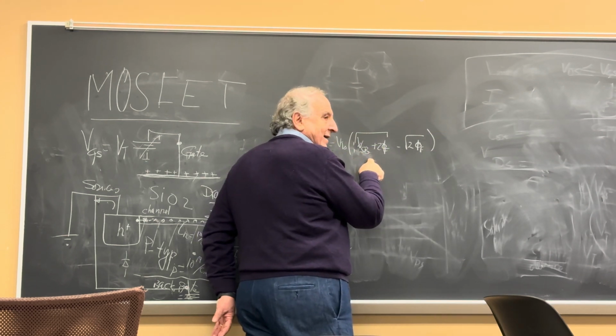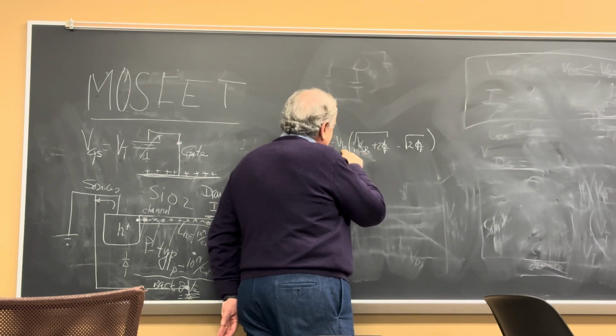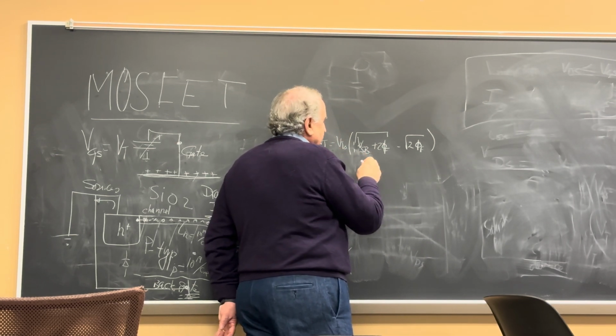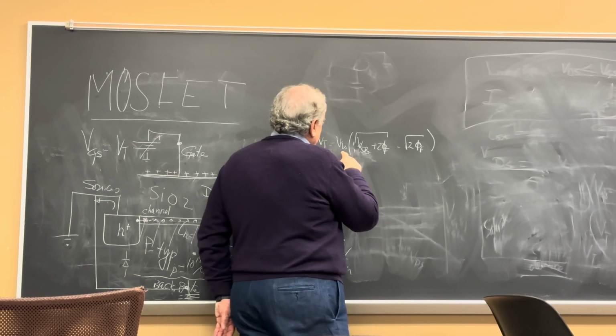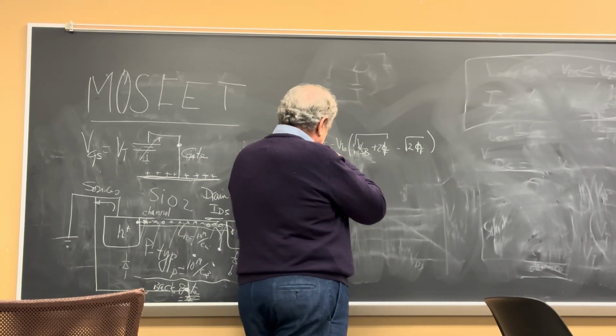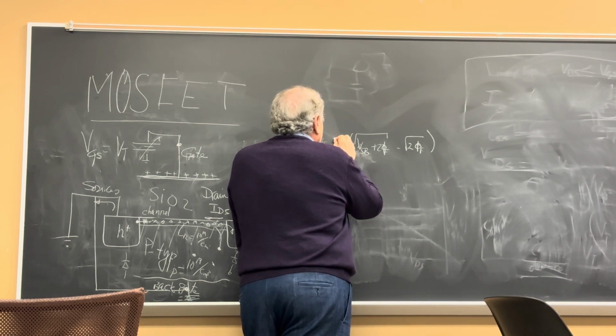If the source to back gate voltage is 0, you could see that VT equals VT0. I'm jumping the gun, okay?